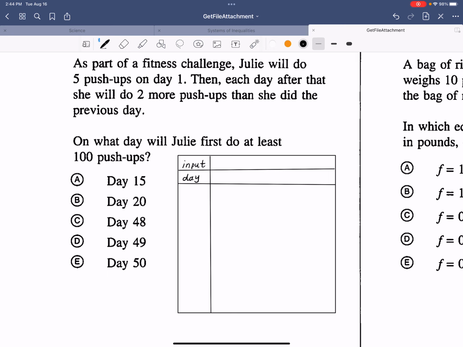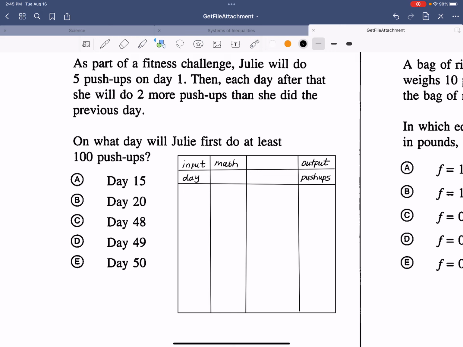And then I need a column for, I'm just going to call this the math column. You'll see what I mean in just a second. And let's put a big space there. We're going to use that in a minute. And this is going to be the output, and this will be the actual number of push-ups.